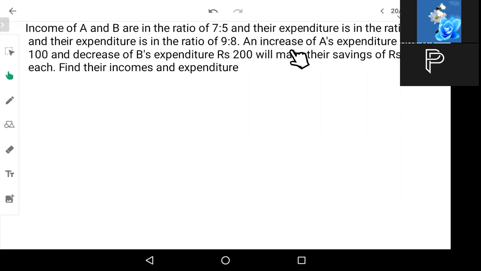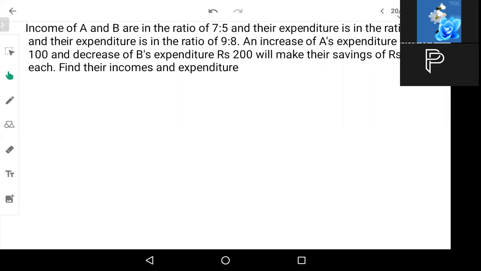An increase of A's expenditure by rupees 100 and decrease of B's expenditure by rupees 200 will make their savings of rupees 400 each. Find their incomes and expenditure.